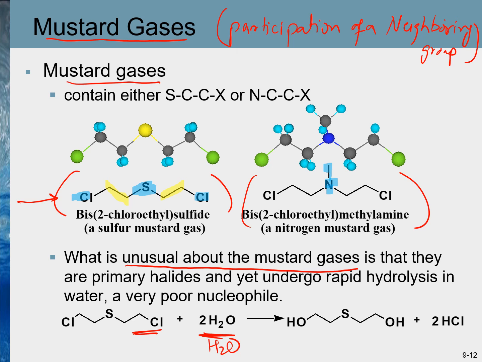The unique chemistry of this reaction can be understood when we analyze the mechanism of this reaction, and in the mechanism we'll see that participation of this neighboring sulfur atom facilitates the substitution reaction of water.